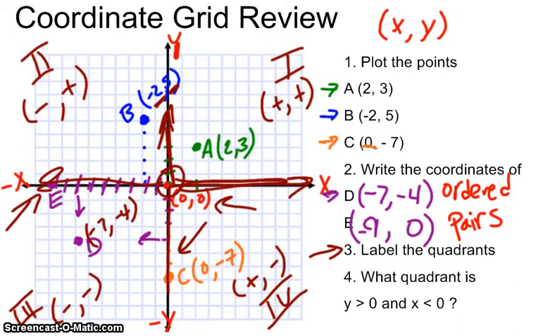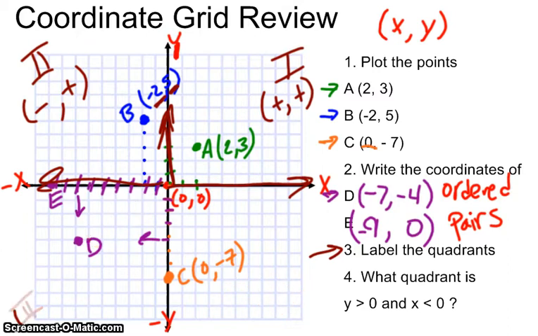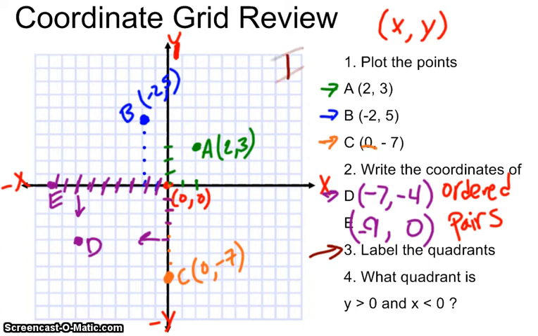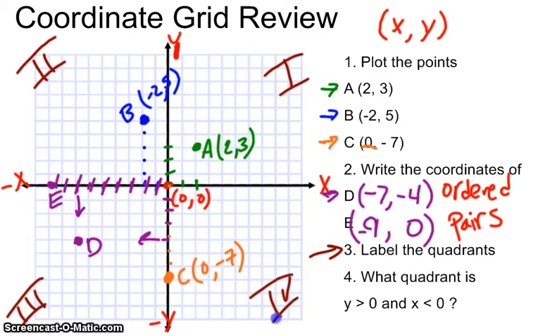All right. Let's erase some of that and figure out what quadrant. Okay. Let me write the quadrants again: 1, 2, 3, and 4. Okay. So question 4. What quadrant is y greater than 0 and x less than 0?